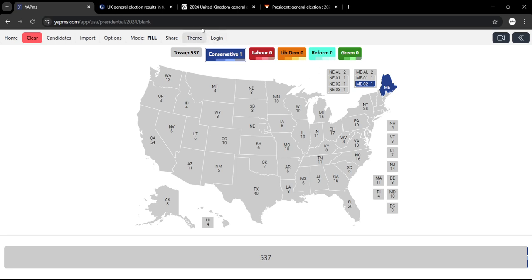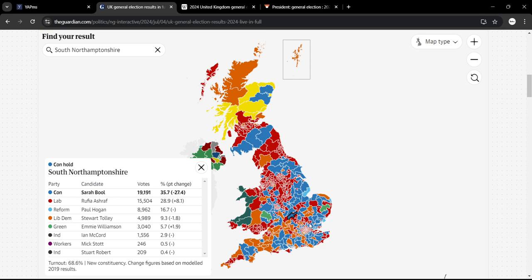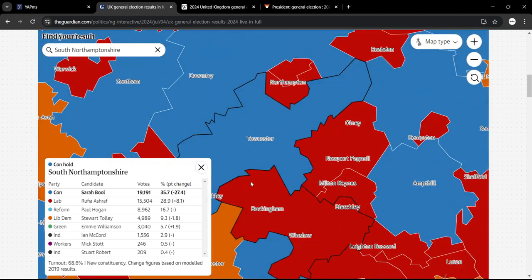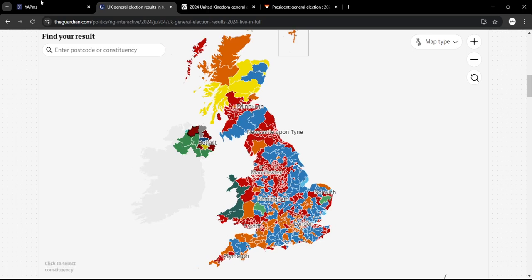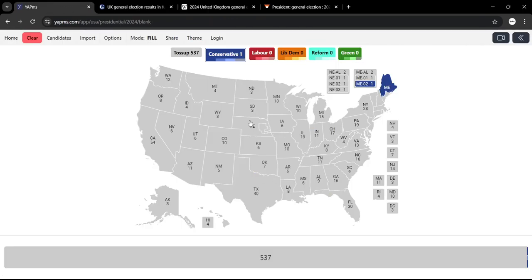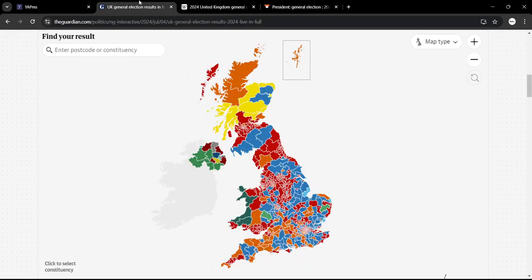The problem is, you look at the UK, let's take any random constituency, South Northamptonshire. How many votes is there? Roughly 50,000 in here. In the US, each state is a few million. So you're going to need a big budget.